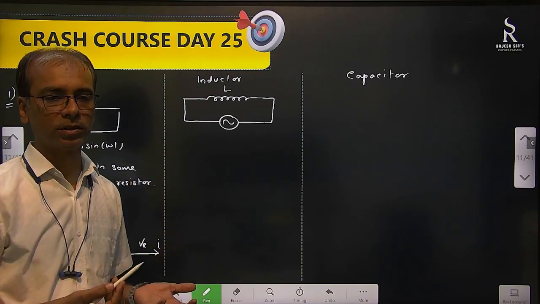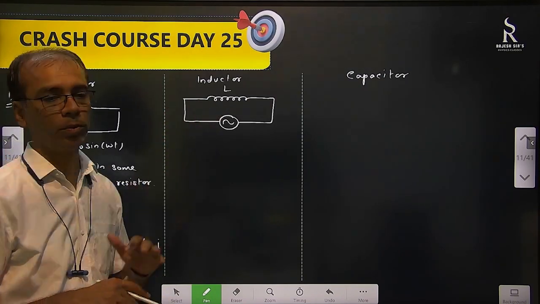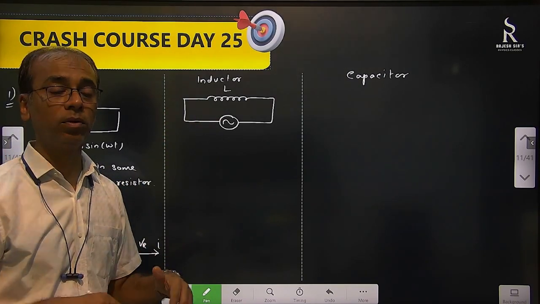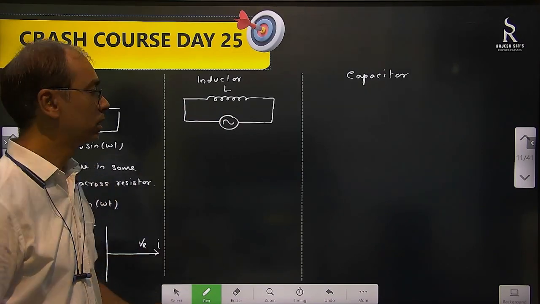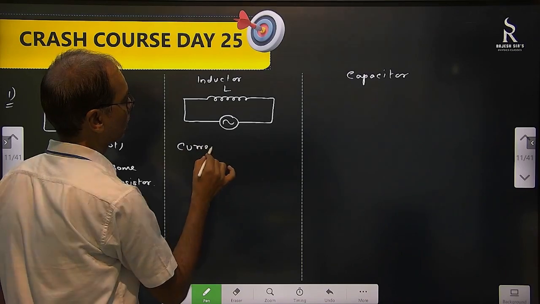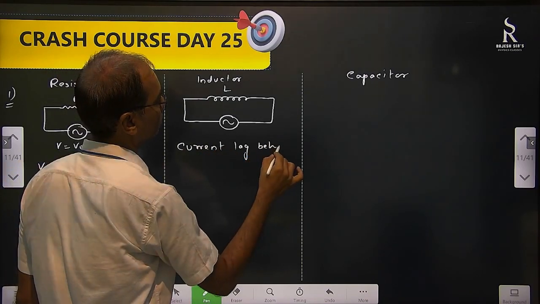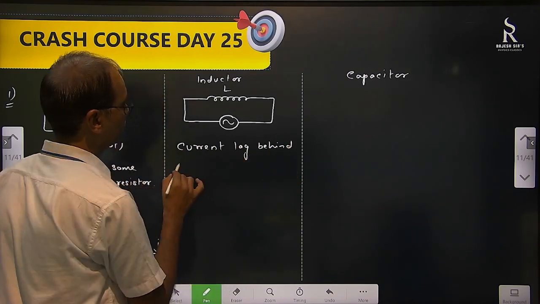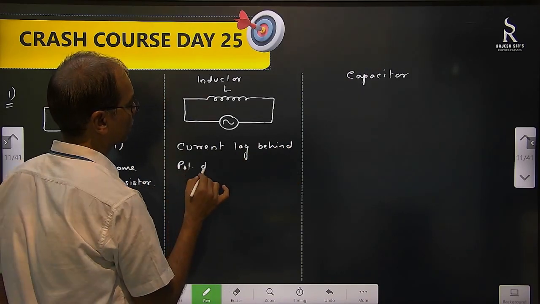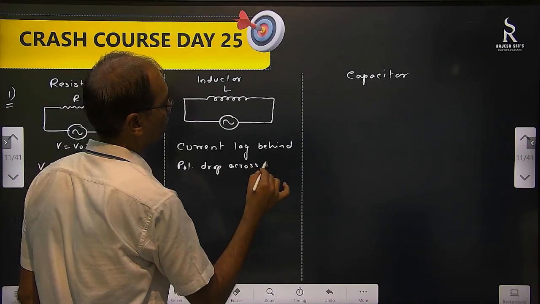How does it oppose? By producing the EMF. So first EMF will be produced across inductor, then only current will flow. So in this one, current lags behind potential drop across inductor.